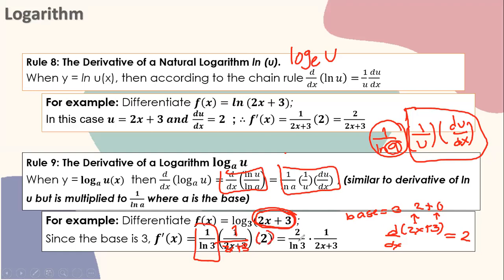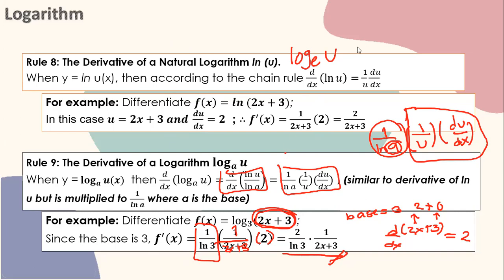So simplify. 2 over ln of 3 times 1 over 2x plus 3. That is our final answer. That's it for finding derivative of logarithms. Okay? So you just have to practice para hindi malito.